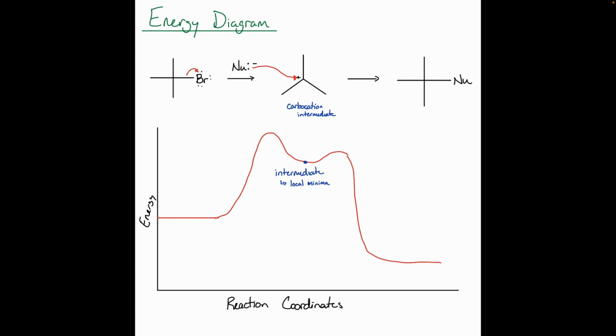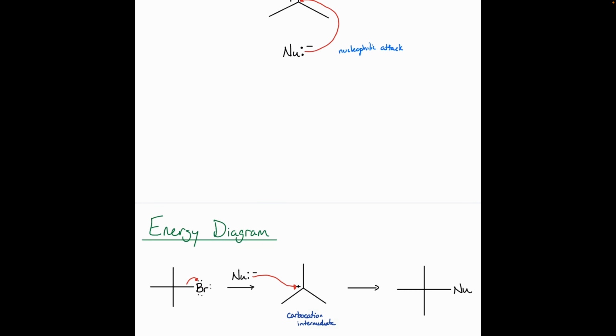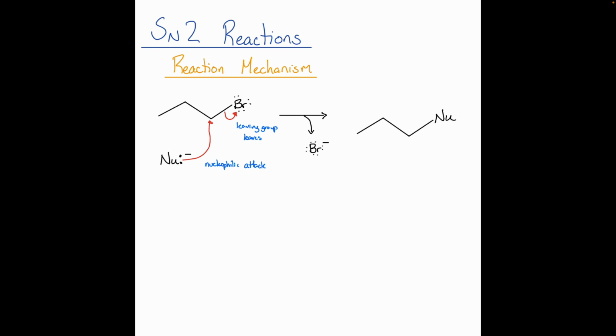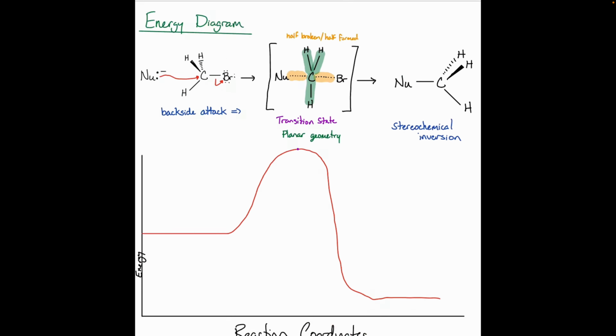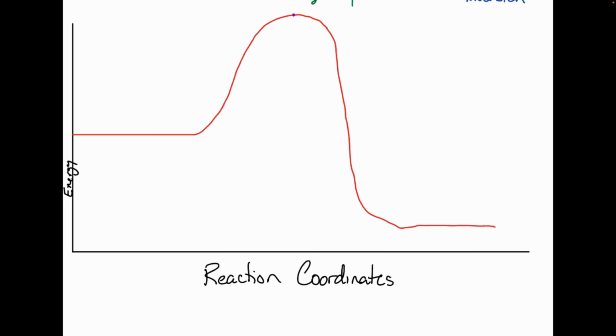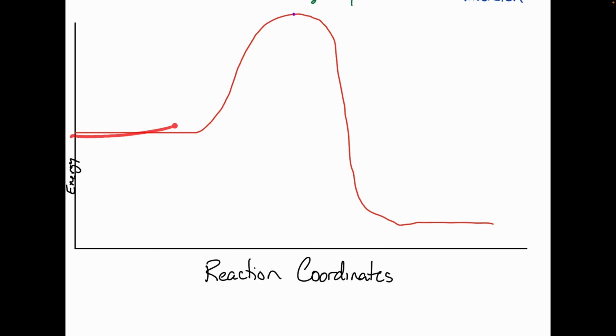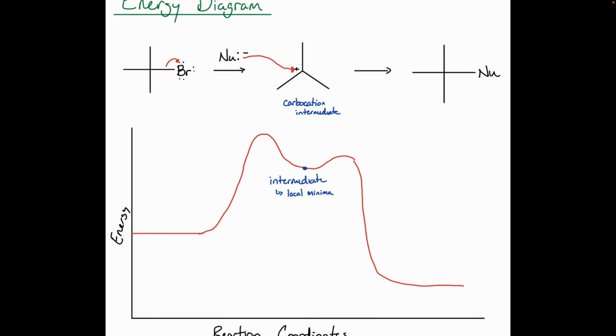Okay. So our SN2 mechanism itself is just one step. Nucleophile attacks, leaving group leaves all in one shot. And that's reflected in our energy diagram, because we just got that one hump. In an SN1 reaction, we have this two-step mechanism.